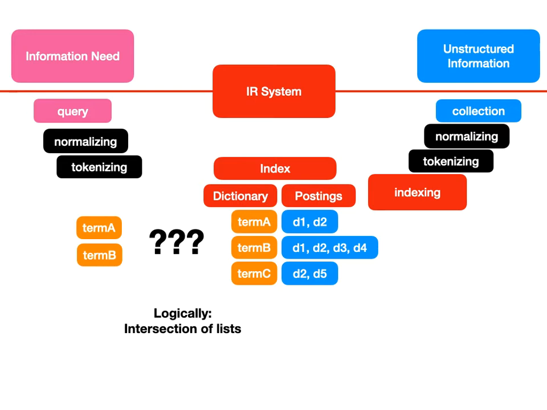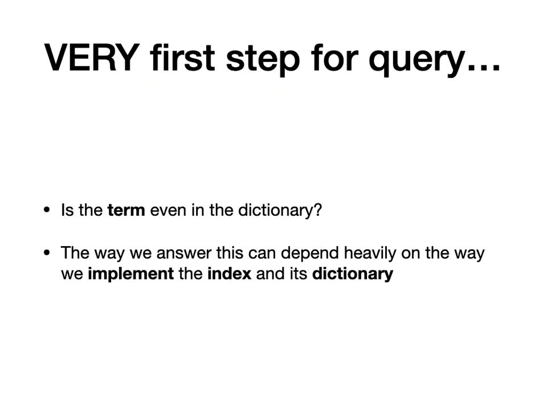But that very first step, we need to figure out, is this term even present? How do we find the term in the dictionary? Well, that is a non-trivial question. The very first step is to figure out if it's in there. And the way we answer this depends heavily on how we choose to implement the index and its dictionary.